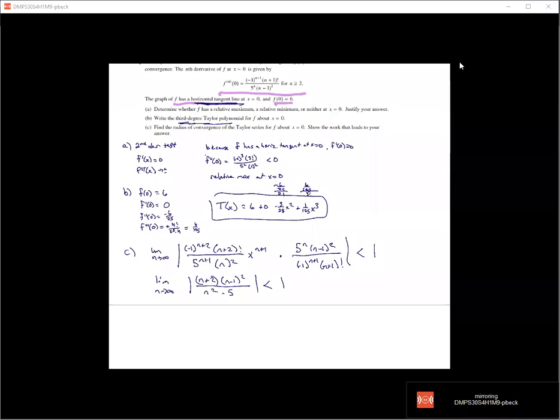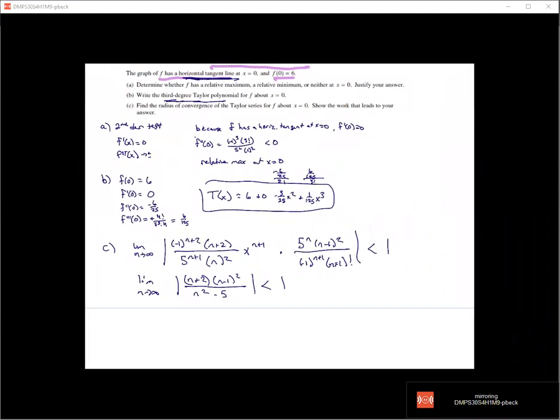So I was missing an n, and I have a little bit of a typo. So that should be n plus 2. I'm also missing x to the n plus 1 over x to the n, so there's an x there.